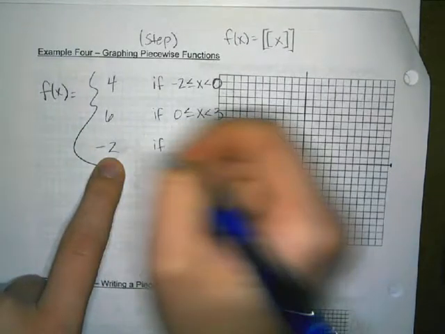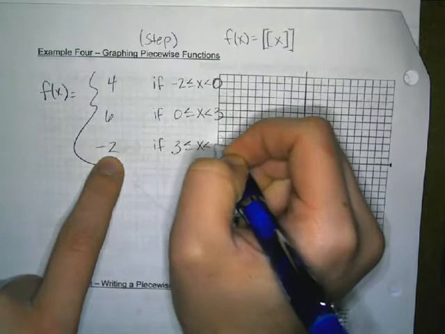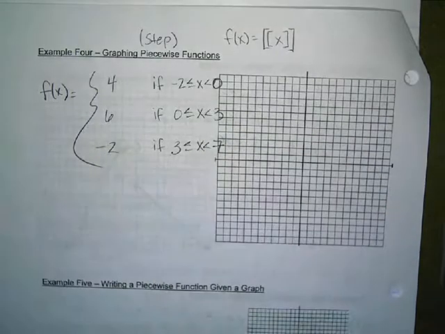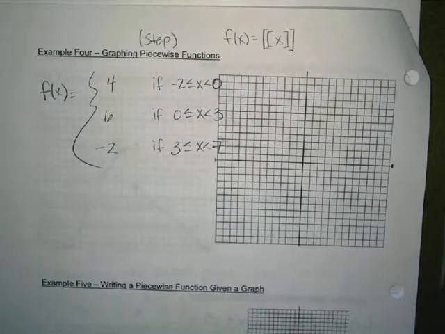And then it's going to be -2 if it's between 3 and 7. I'll give you a second to write all that down. All right.